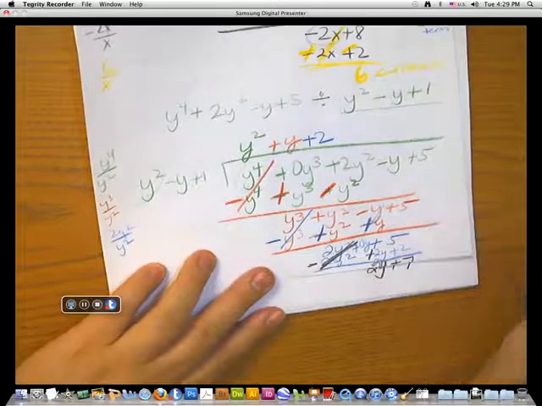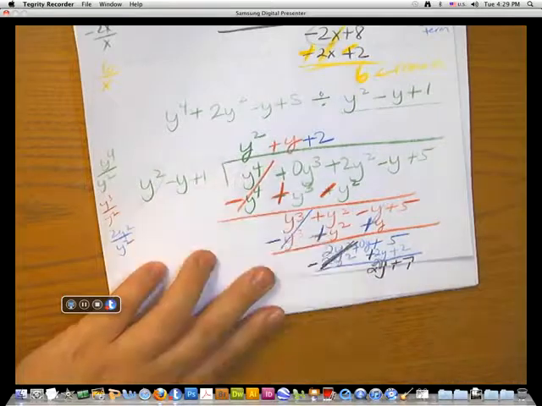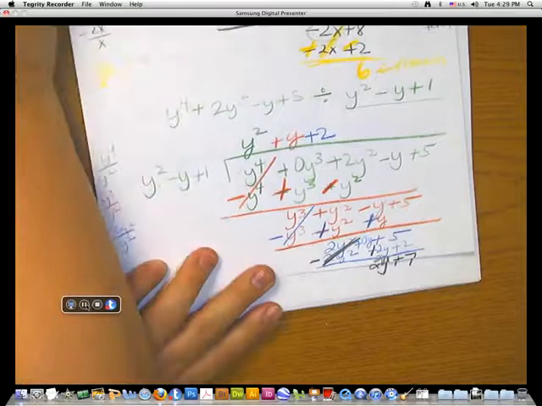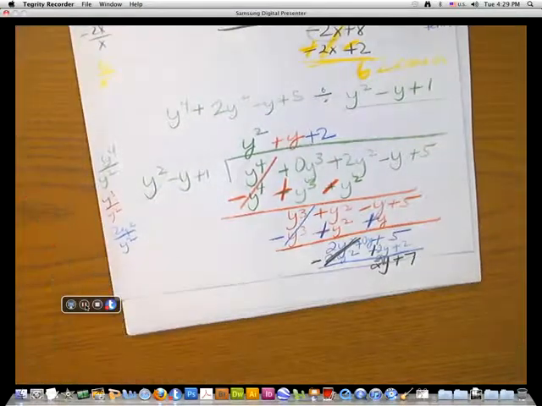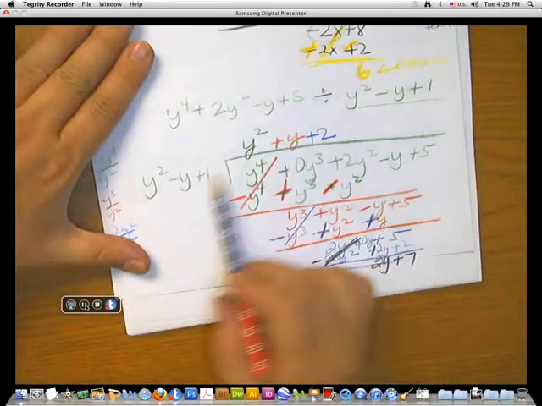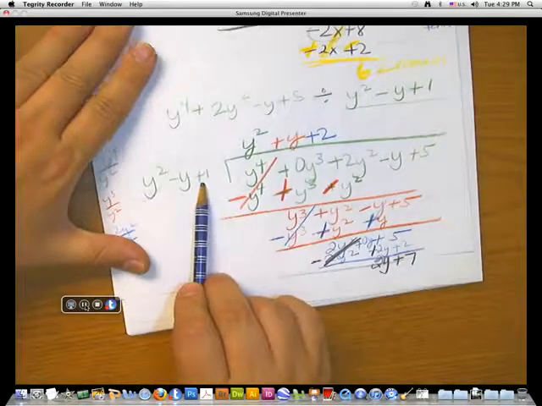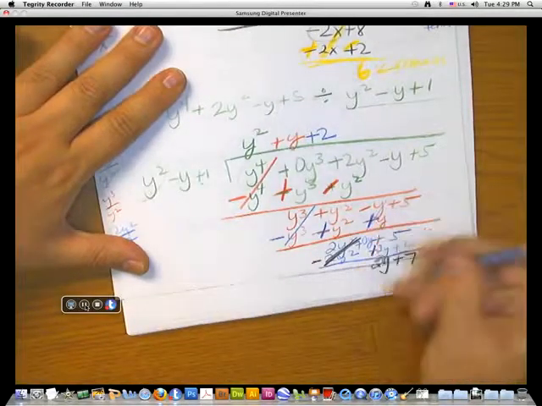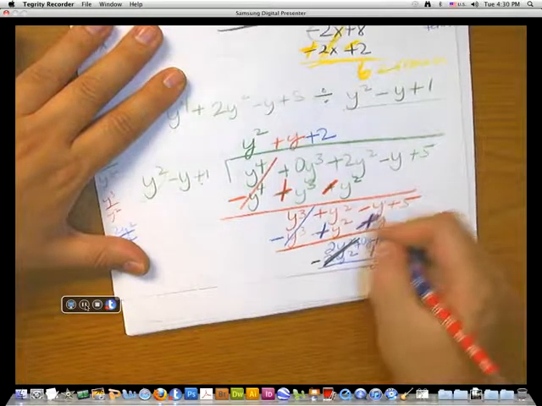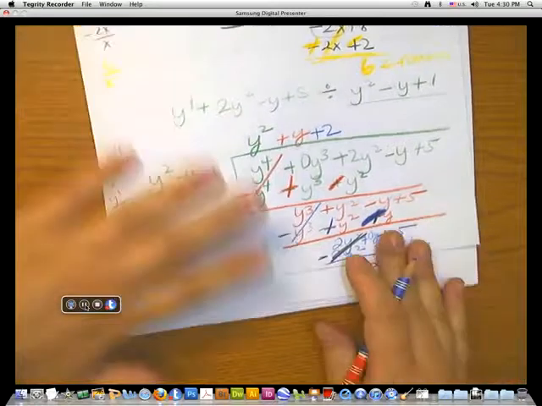Okay, then I ask myself, all right, I need to go back and I made an error up here. This should have been, when I multiplied and I got positive y, so it was positive. So when I switched the sign, it became negative.